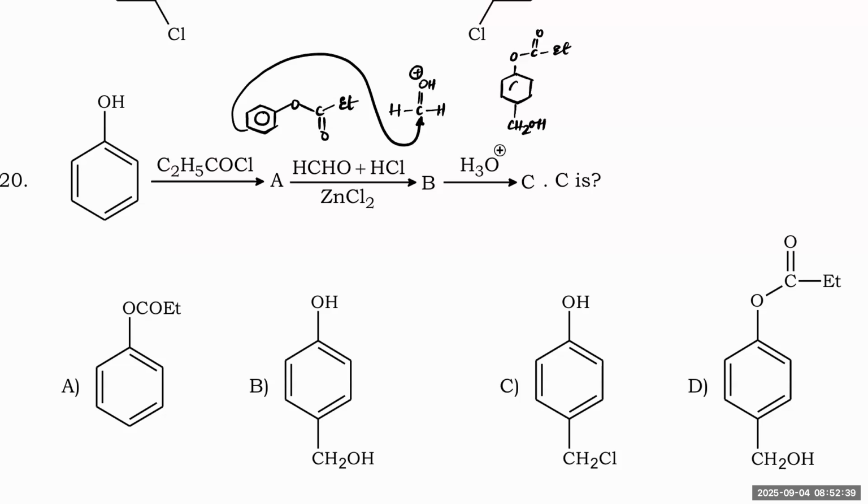And thereafter further hydrolysis is done. On hydrolysis, the ester will break into phenol and acetic acid, so EtCOOH. So what is the final product you will have? This one. So which is option B. Any doubt?